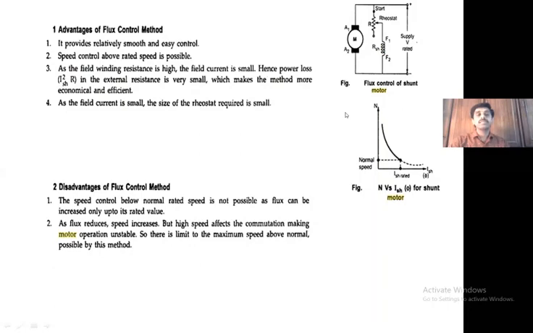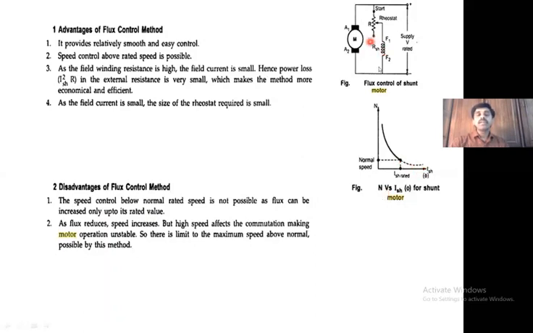Coming to the disadvantages, speed control below the normal, rated speed is not possible. Why? Because the flux cannot be increased beyond its rated value. If you decrease the flux, speeds increase; if you increase the flux, speeds can be reduced below the rated speed.